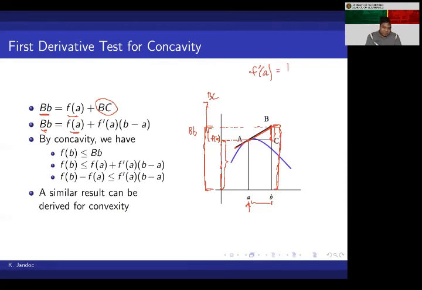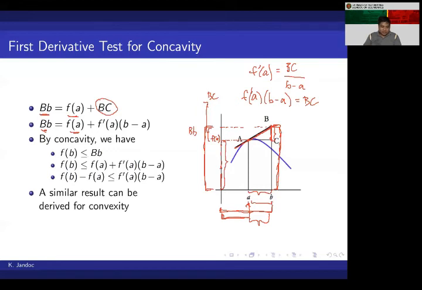The rise is BC, and the run is this distance, which is B minus A. So this whole distance is B, and you take out the distance A. Just moving things around, we have f prime A times B minus A is equal to BC.